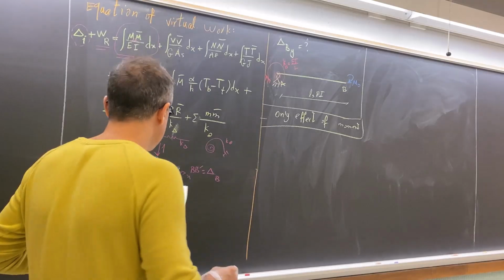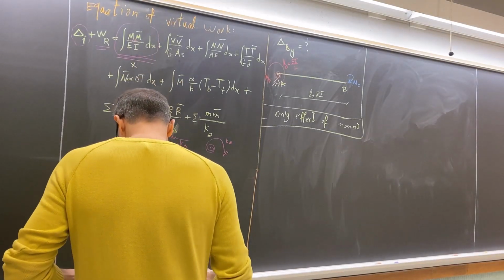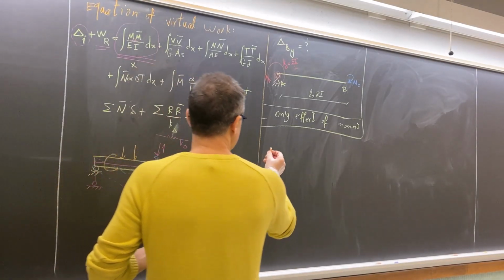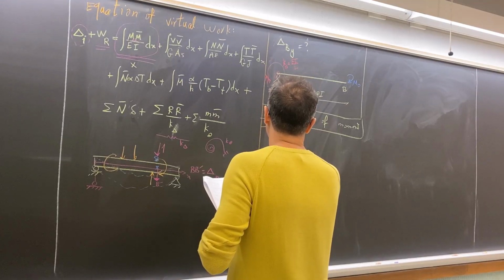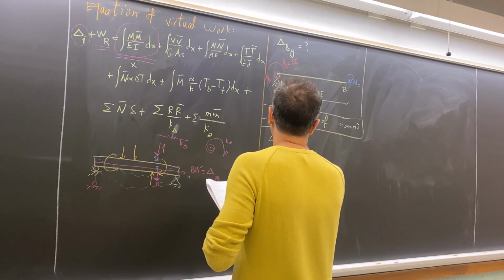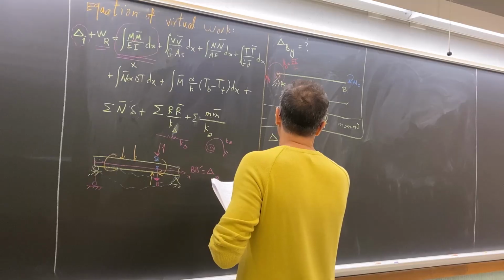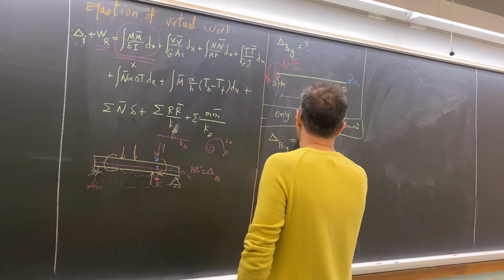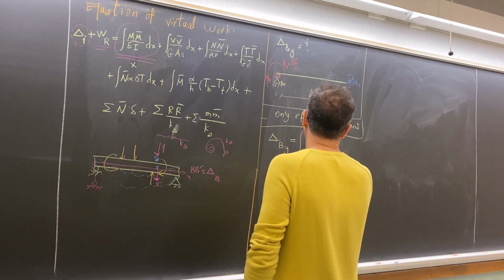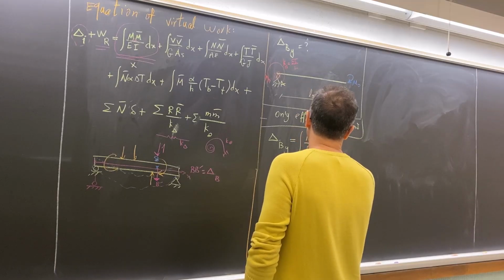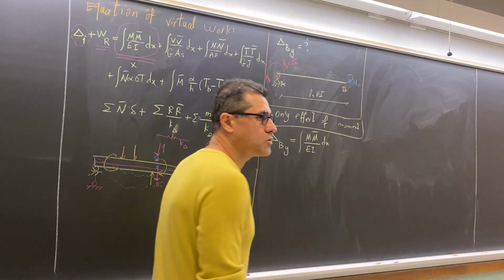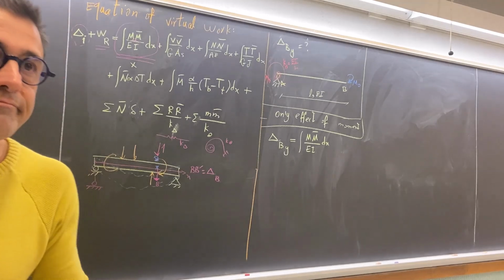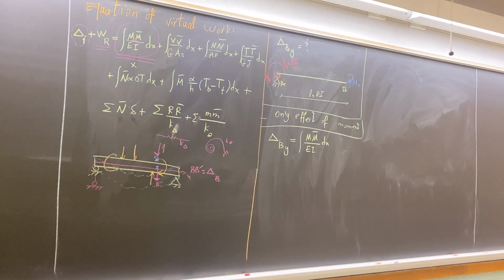So we are just using the main equation, which is this one. Delta for point B vertically is the integral of m m over EI dx. Any questions so far? This is the formula. The question is telling us to only consider the effect of moment.